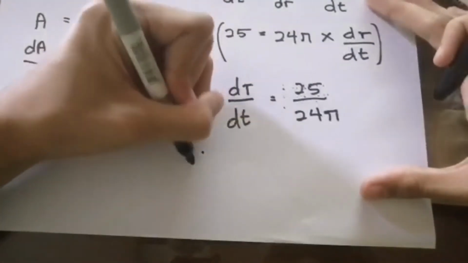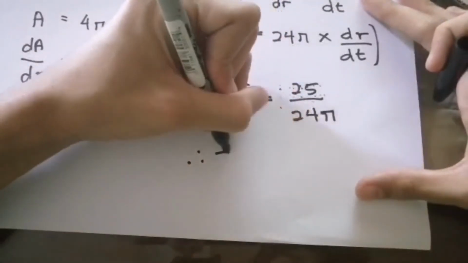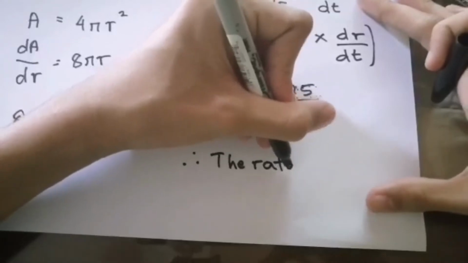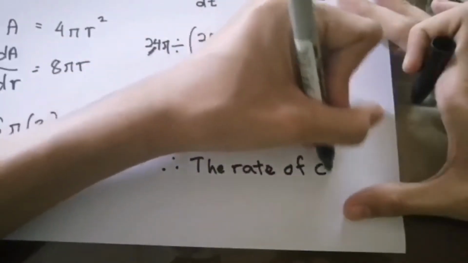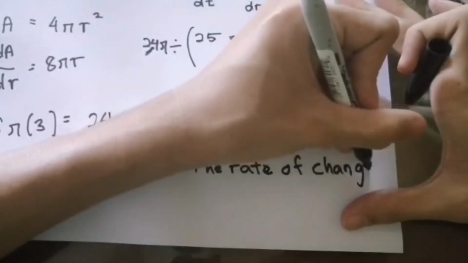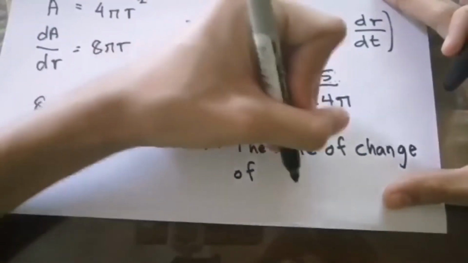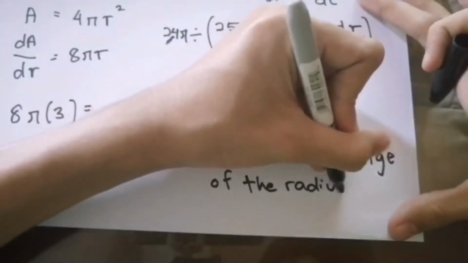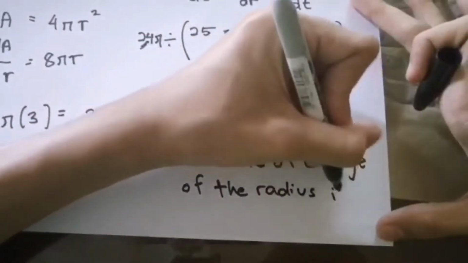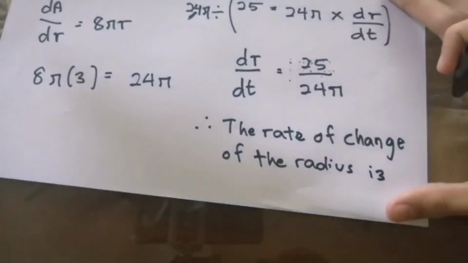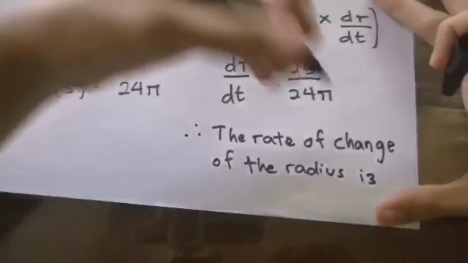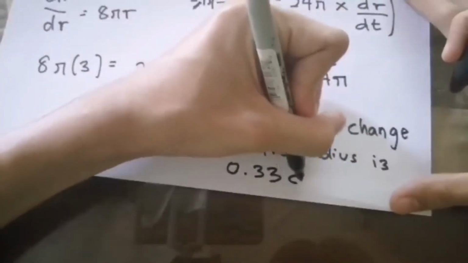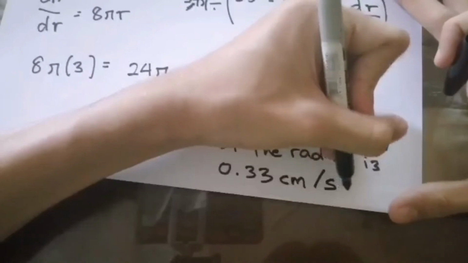Therefore, the rate of change of radius is, just go to the calculator and we get 0.33 cm per second.